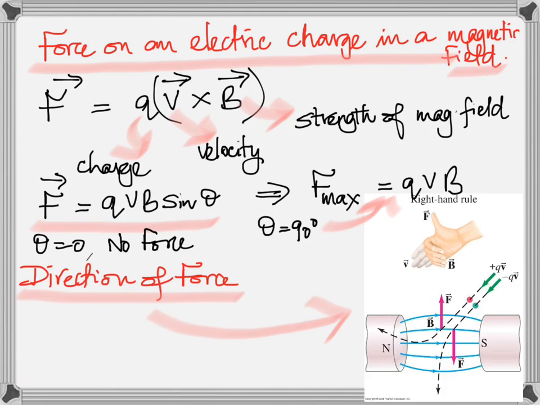And if it enters parallel, there is no force acting on it. And once again, the direction of the force is given by the right hand rule, with the fingers pointing in the direction of the velocity of the charged particle, and then the fingers are rotated through 90 degrees to give the direction of the magnetic field, in which case the thumb gives the direction of the force.